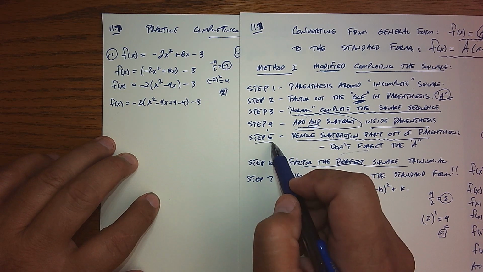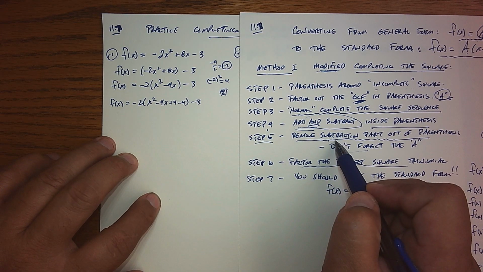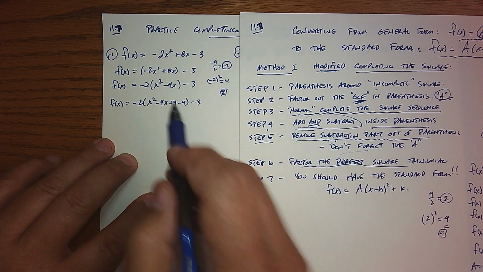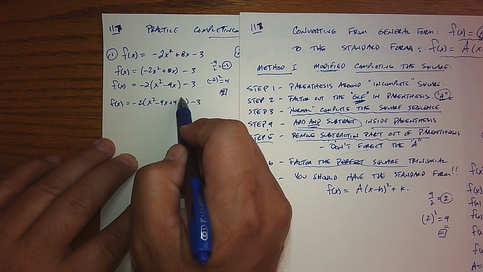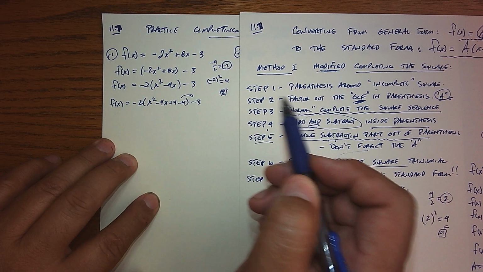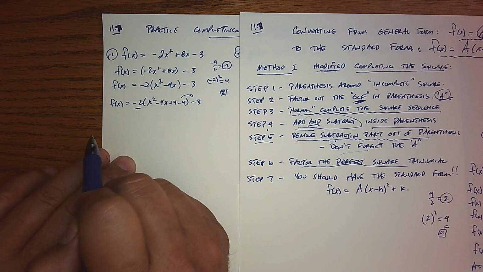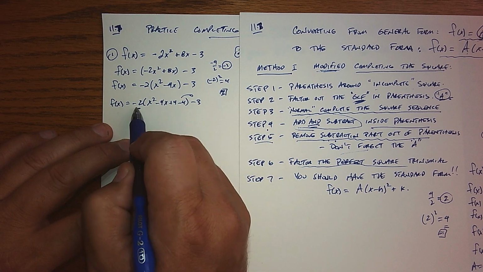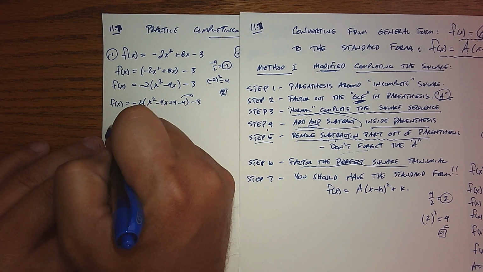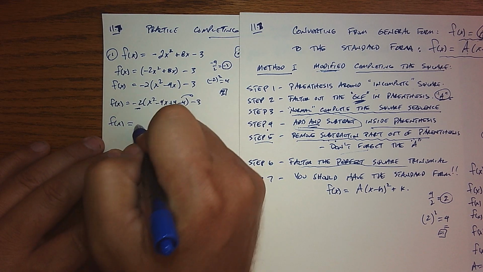That's step 4. Step 5, we need to remove the subtraction part of the parentheses. So there's the subtraction I did to balance the addition of 4. I want to balance it out of the parentheses, but everybody's being multiplied by -2. So when that -4 comes out, -4 times -2, it actually turns into +8.